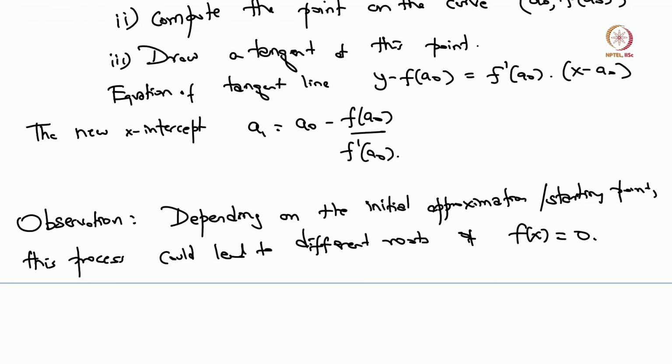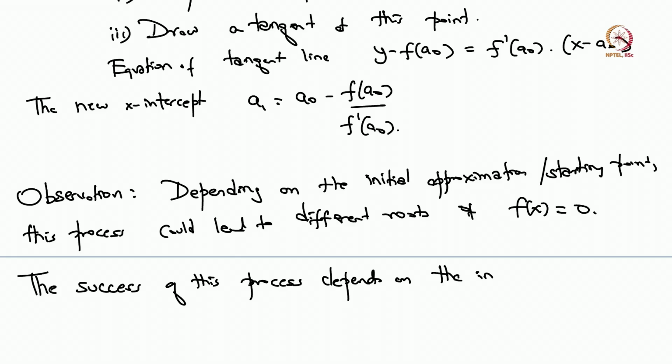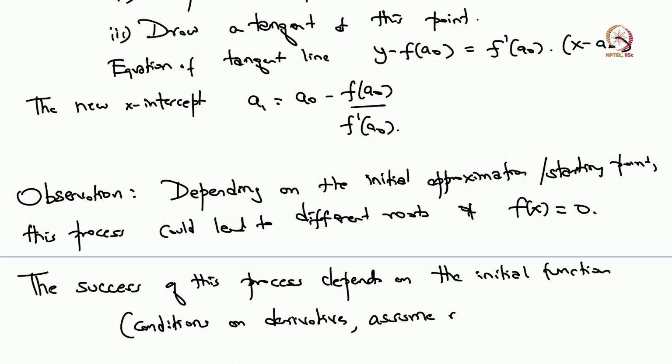And again, the success of this process really depends on the initial function, and there are conditions on derivatives of this function. The point is that you need to assume nice smoothness hypotheses or smoothness properties on f of x.